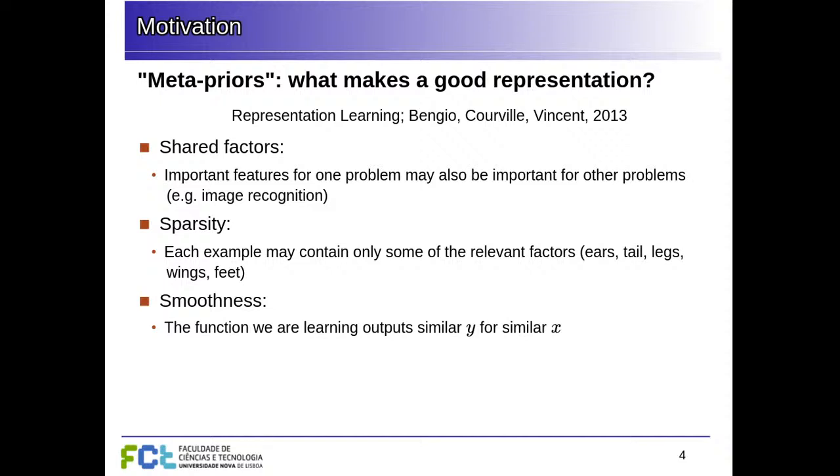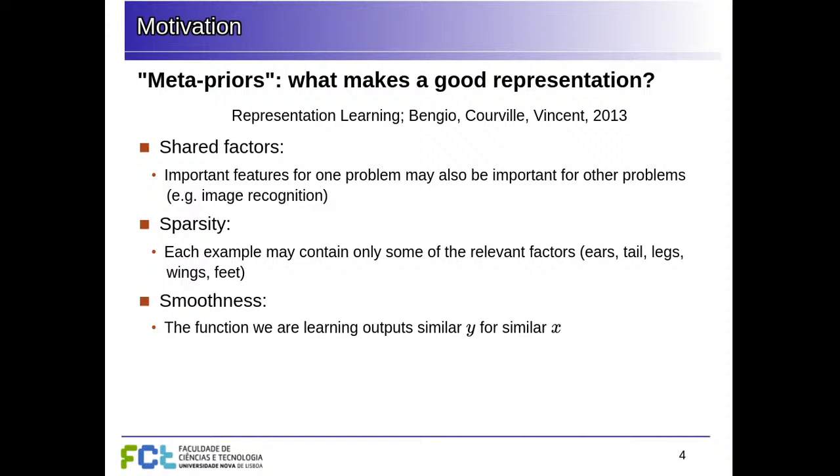For instance, problems of image recognition, when we are trying to recognize faces or license plates or handwritten digits or things like that, even though these are different problems with different sets of data, there are some aspects that will probably be important in all of these. For example, detecting edges, detecting the orientation of some lines, contrasts, and things like that. They can probably be useful for all of these different problems.